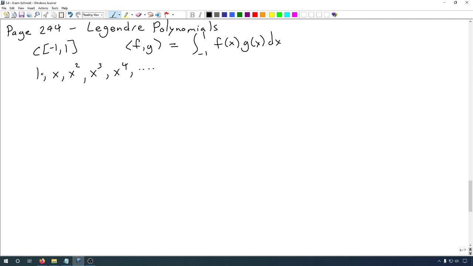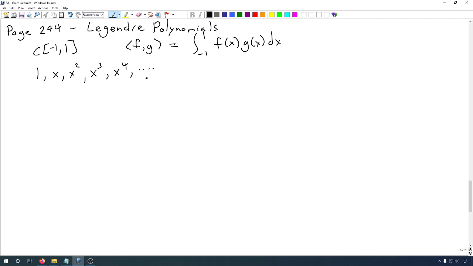Also, we'll number them so that the 0th one is the one that has degree 0, and the first one is the one that has degree 1, just to make it agree with the actual degree of the polynomial. So what we're going to do is use Gram-Schmidt on these vectors.